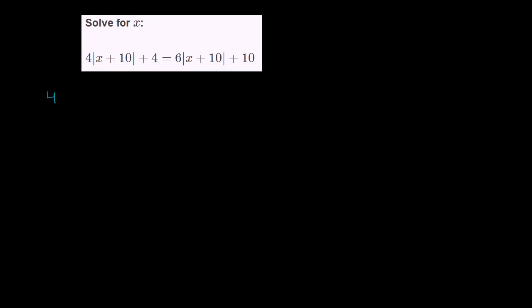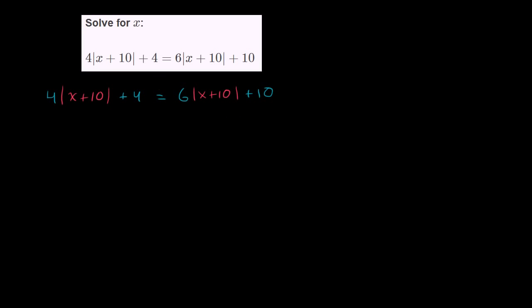So this is 4 times the absolute value of x plus 10, plus 4, is equal to 6 times the absolute value of x plus 10, plus 10. So let's get all of the absolute values of x plus 10 on the left-hand side. So I want to get rid of the 6 times the absolute value of x plus 10 on the right.